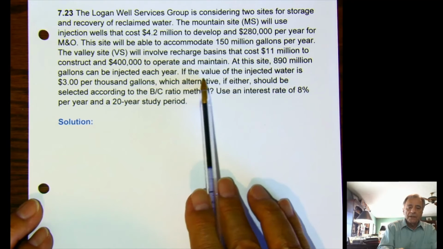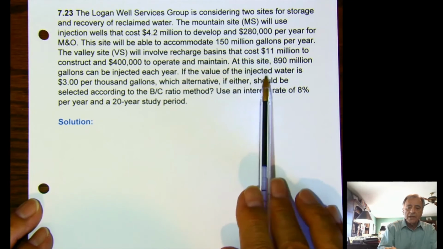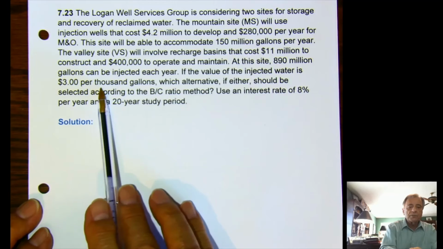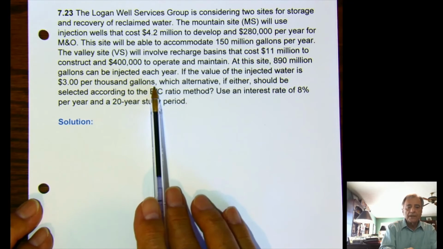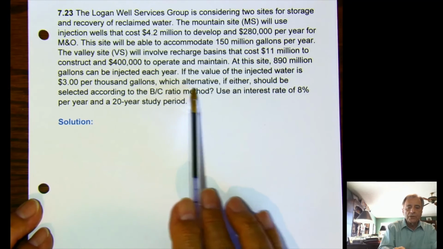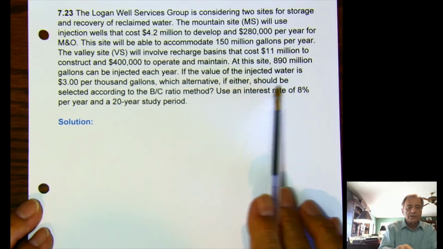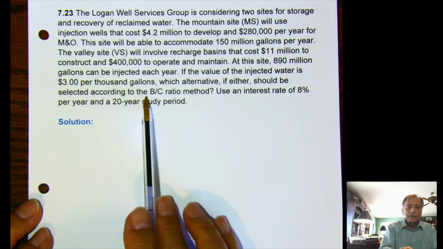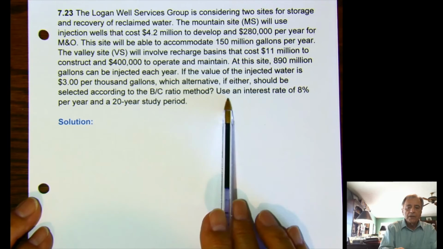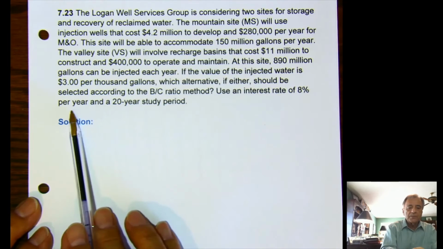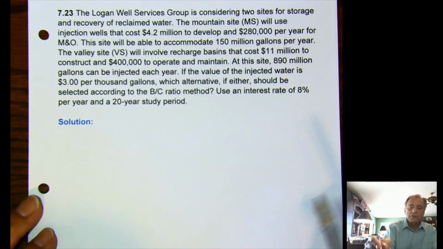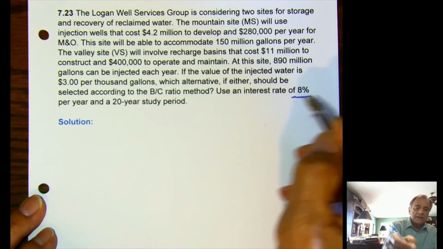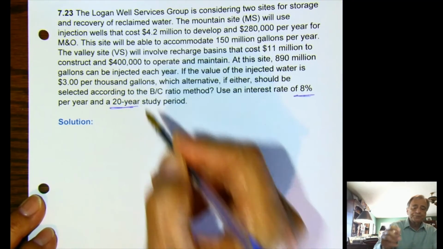If the value of the injected water is $3 per 1,000 gallons, okay, which alternative, if either, should be selected according to the BC ratio method? Use an interest rate of 8% and a study period of 20 years. So I is 8, N is 20.